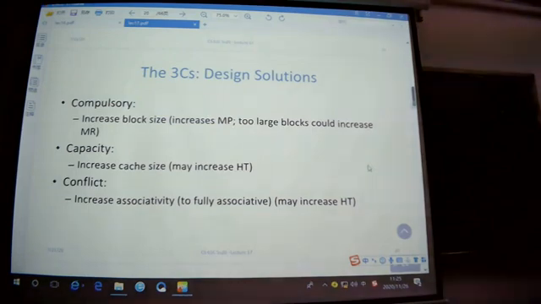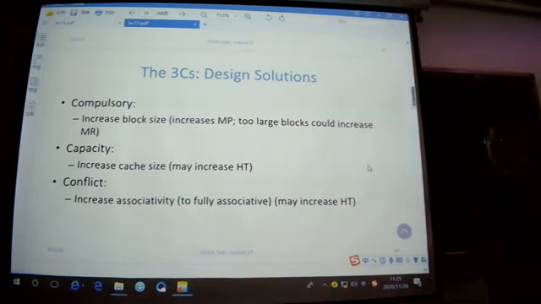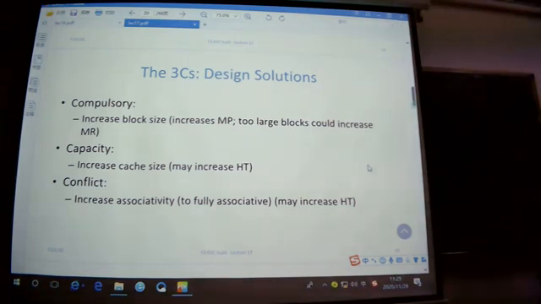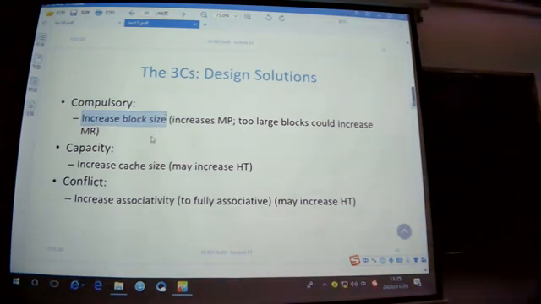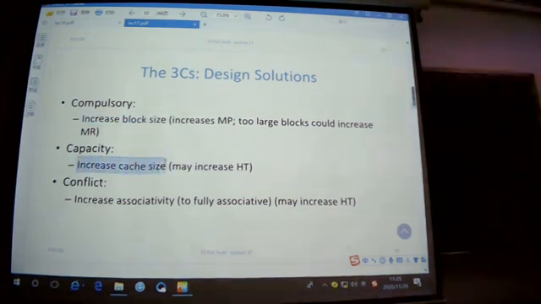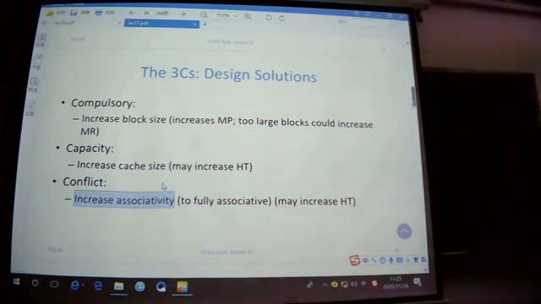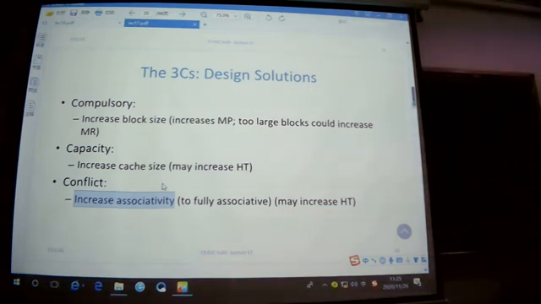Okay, these three things have design solutions. For compulsory misses, increase block size. For capacity, increase cache size. For conflict, increase associativity. So the three increases can give us solutions.